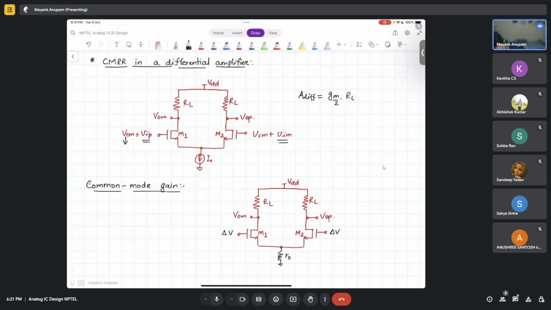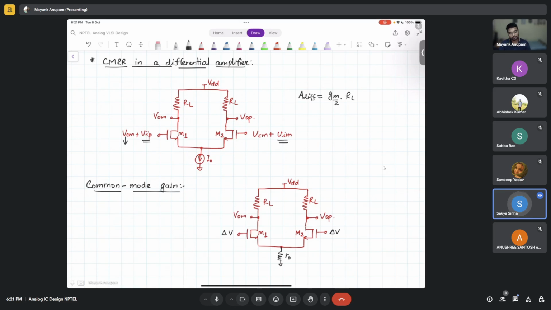And VIP is the small sinusoidal or whatever signal that you are applying here, a small incremental voltage. Let's say we are applying a 100 millivolt sinusoidal signal there.